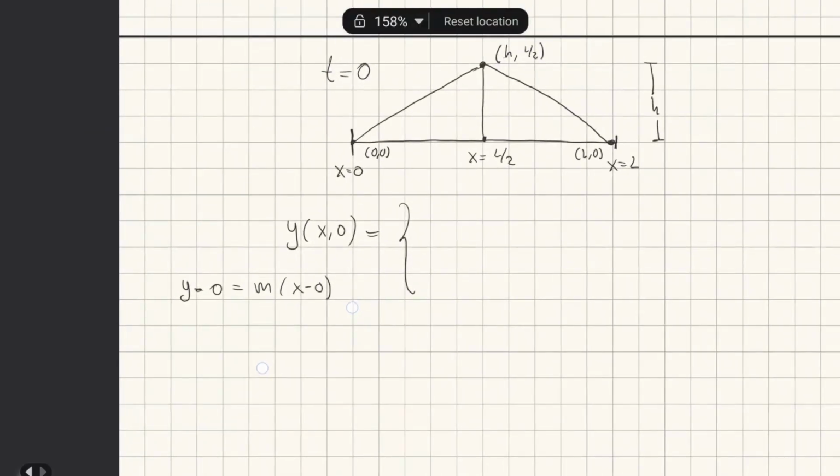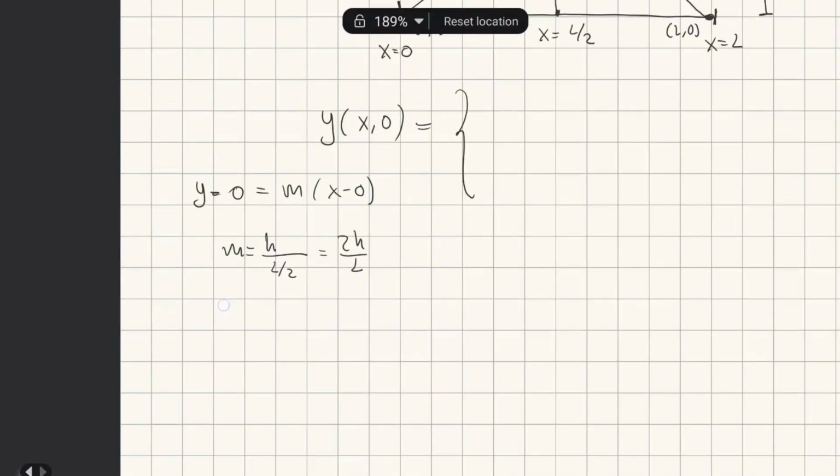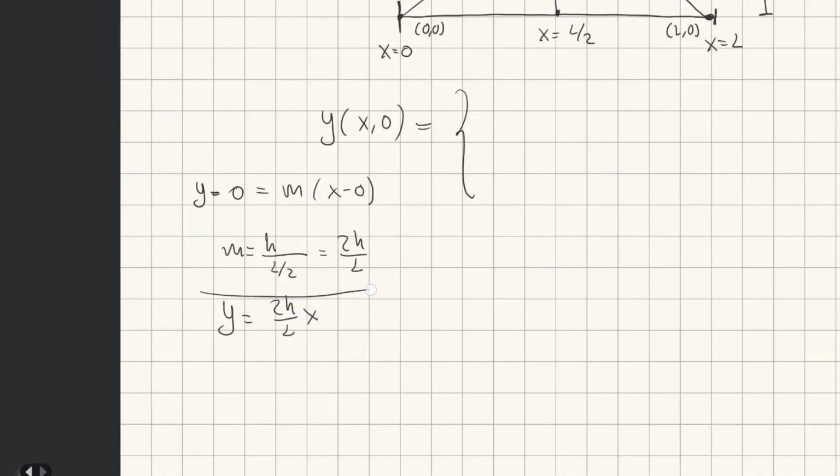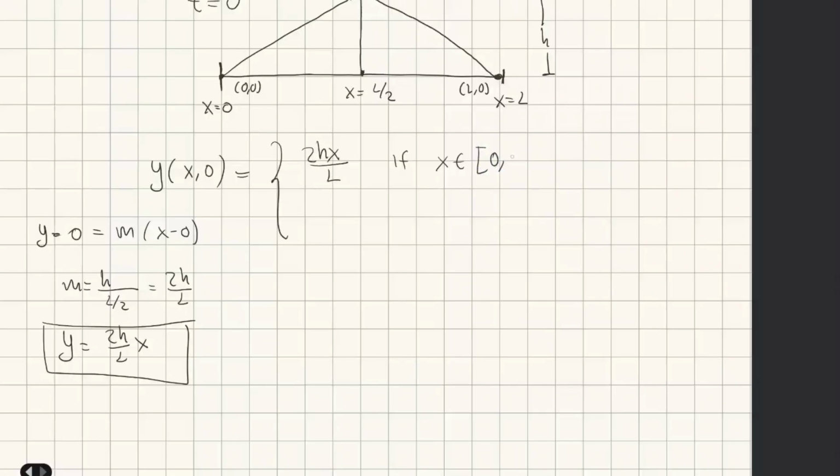That slope can be easily calculated as h divided by L divided by 2, and this is equal to 2h divided by L. So y is equal to 2h divided by L times x. Okay, perfect. So this is the first part of the function y of x at t equals 0. It is 2hx divided by L if x is in the interval [0, L divided by 2].